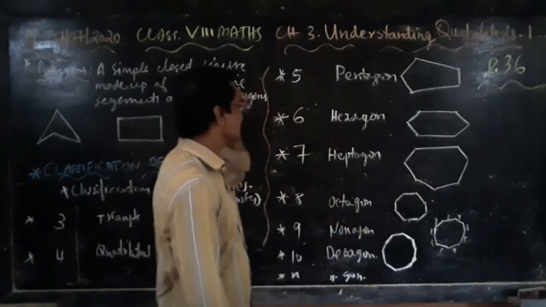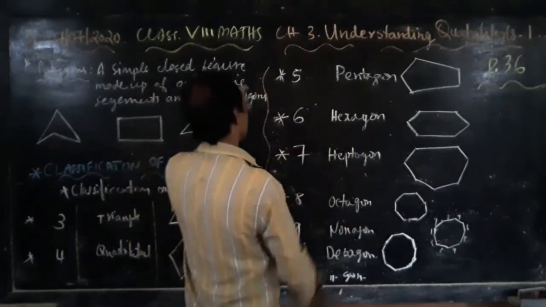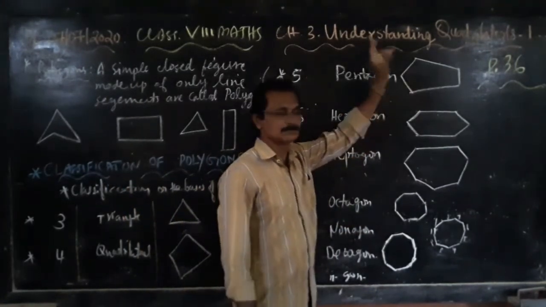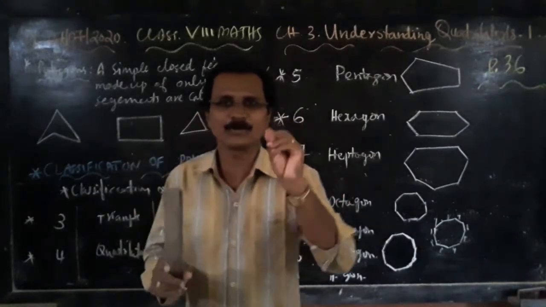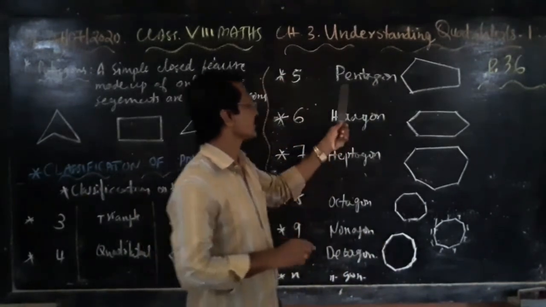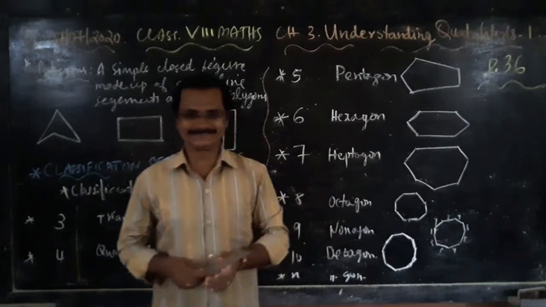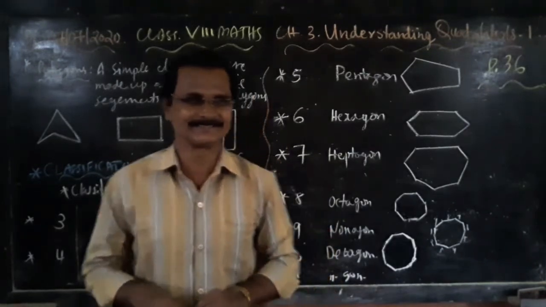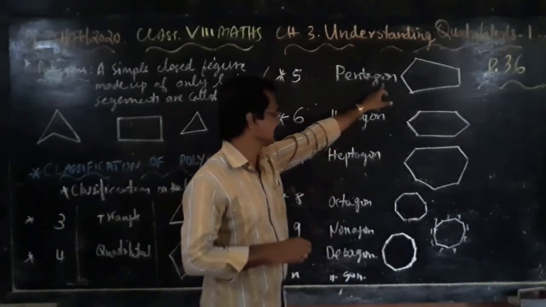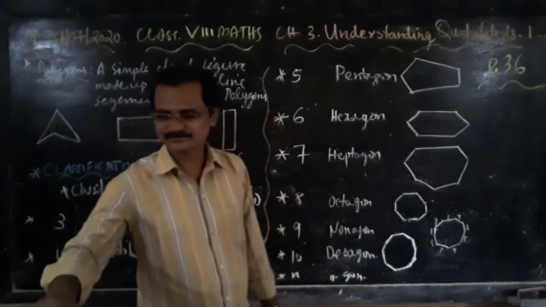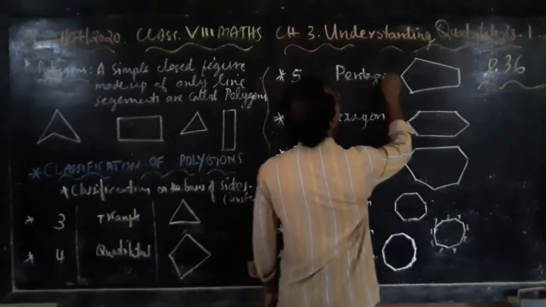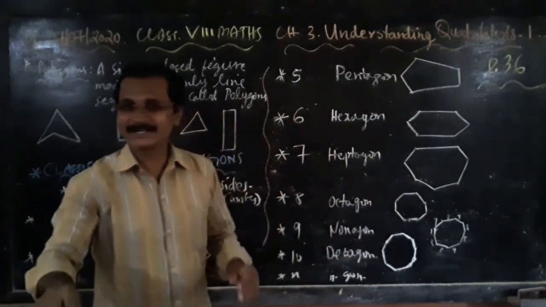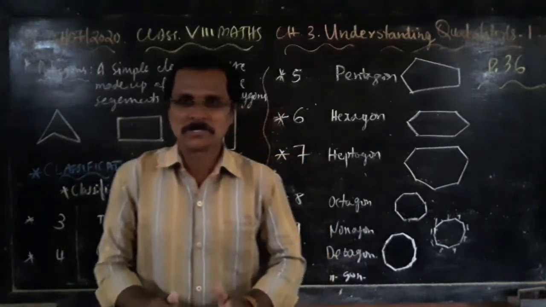Okay. Now, what is the name of a polygon which has 5 sides? It is known as pentagon. P-E-N-T-A-G-O-N. Pentagon. You might have heard this name Pentagon.